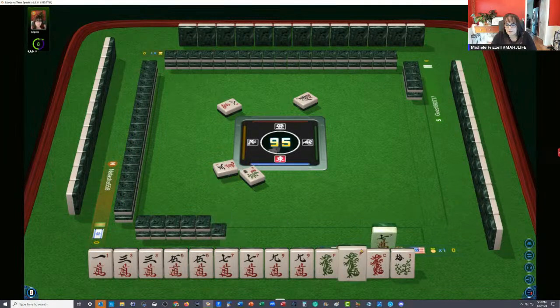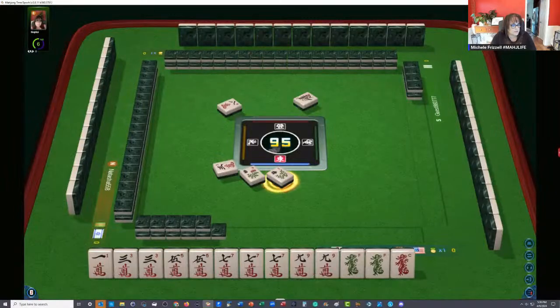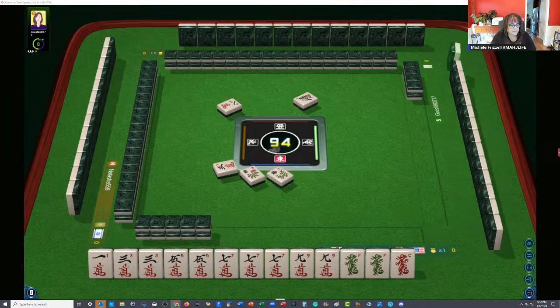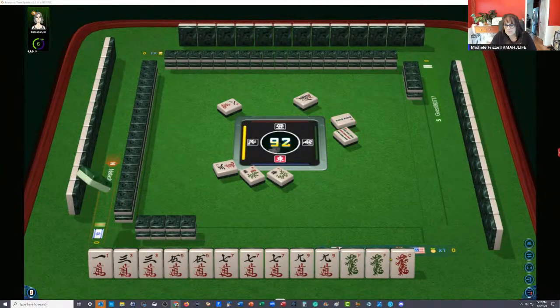That's a pair for us. Oh my goodness, look what we got. Flower. Darn it. A 7. Shoot. 9 bamboos. 2 bamboos. 1, 3, 5, 7, 9.